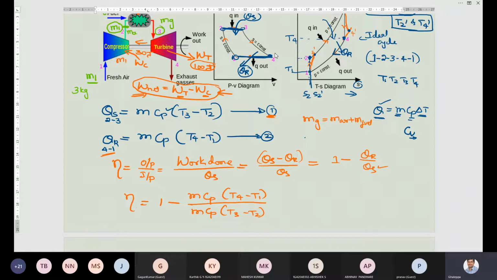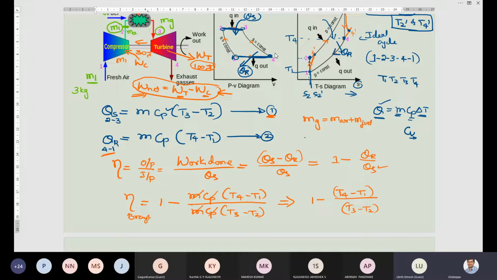Okay, so this is the efficiency of the Brayton cycle in terms of temperatures, because mass gets cancelled, CP also gets cancelled. So only left is 1 minus (T4 minus T1) divided by (T3 minus T2).